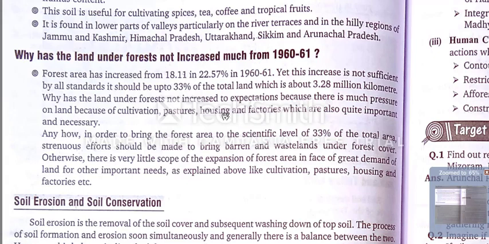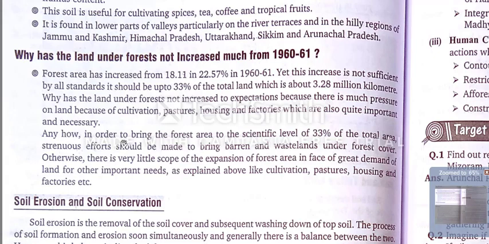If we have lots of population, it's very necessary to have settlements where they will live. So housing is the next point, along with pastures, cultivation, and factories. There is so much pressure on land. You can see many factories are there nowadays, so it is important and necessary also.